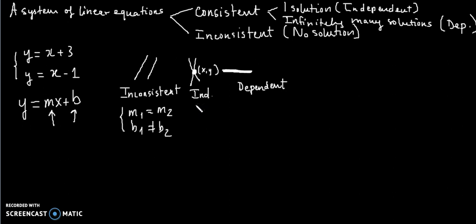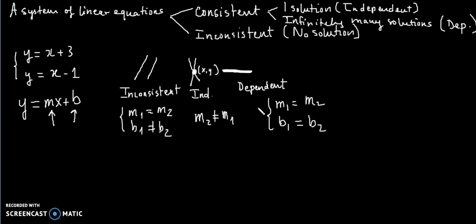If the system is independent, then the two slopes have to be different from each other, and that's it. How about dependent? Dependent, we have the same slope and the same y-intercept. I really want you to focus and remember this piece of information.